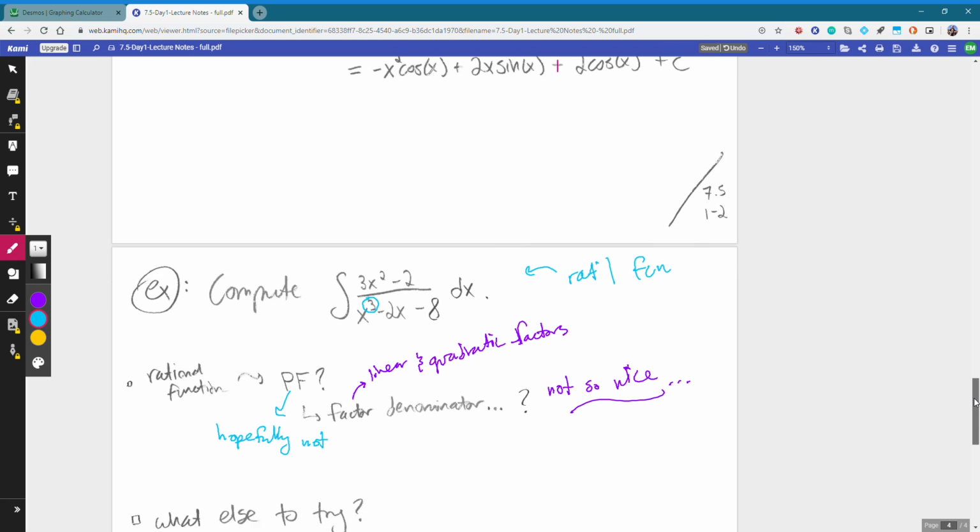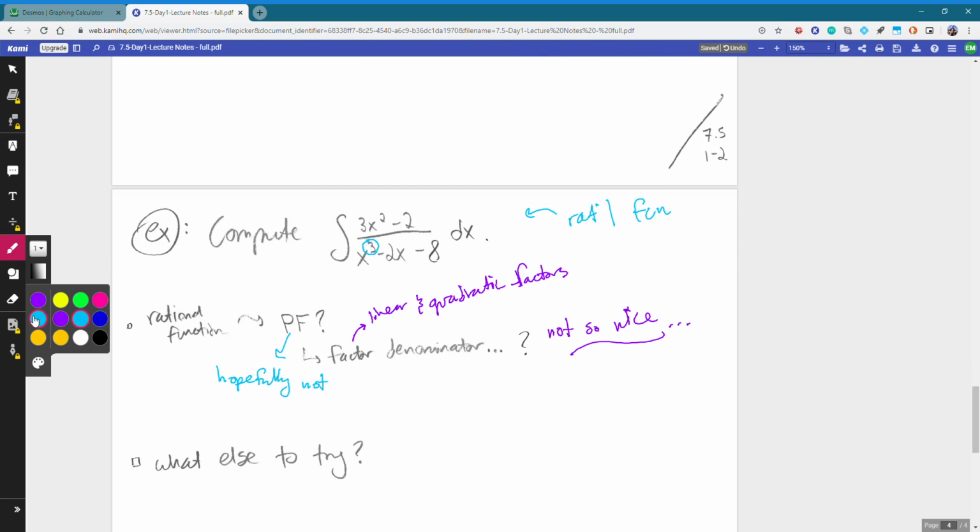And so if not partial fractions, what else could we possibly try? This doesn't look like anything we want to inject trig into. It doesn't have sines and cosines already. It doesn't really look like an integration by parts sort of product, or even if we could try and force it, it'd be pretty awkward.